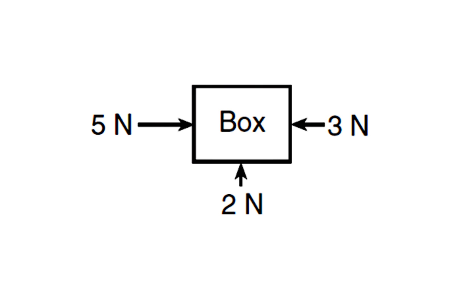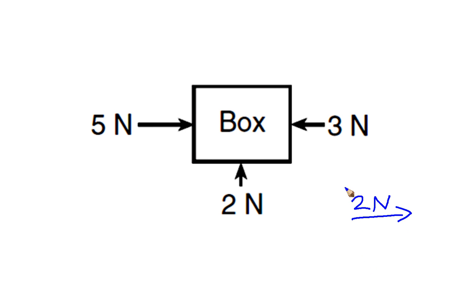What's our net force in this situation? I've got 5 acting this way and 3 acting this way. So what's the net force left and right? Easy peasy. 5 take away 3 is going to be 2 newtons in this direction. Alright, fantastic.